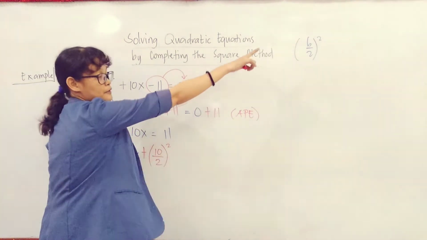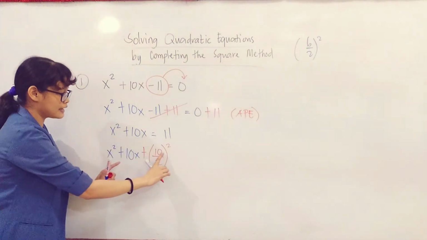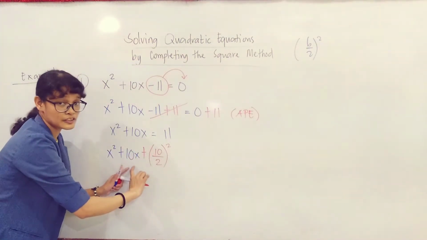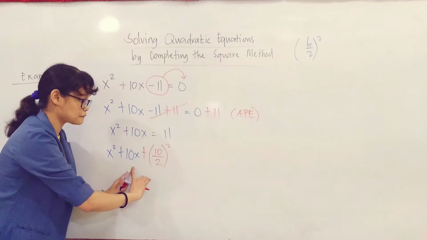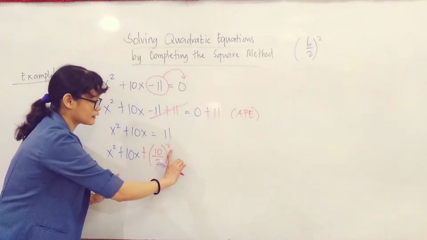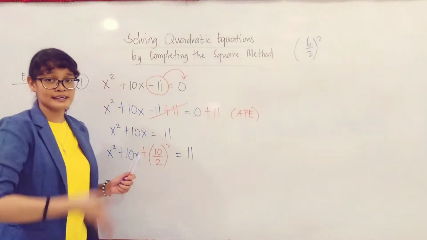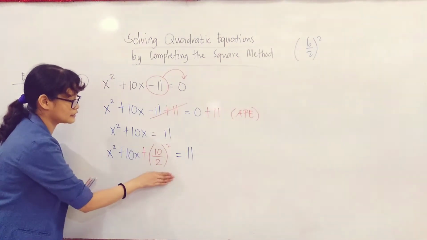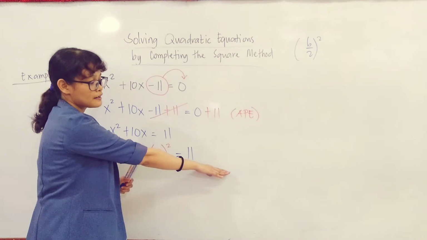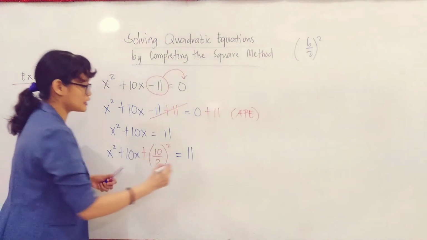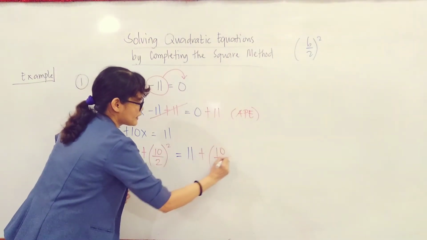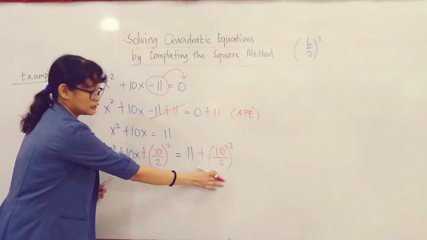So this is b over 2 squared. Sinubstitute ko lang kasi si 10, siya ang coefficient ng x. Siya yung b. So b over 2 squared, equal to 11. Gaya ng sinabi ko kanina, whatever we added here should also be added dito sa right side of the equation. So we are going to add the square of 10 over 2 dito.